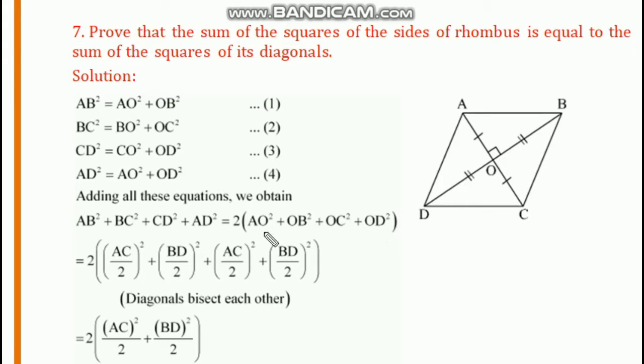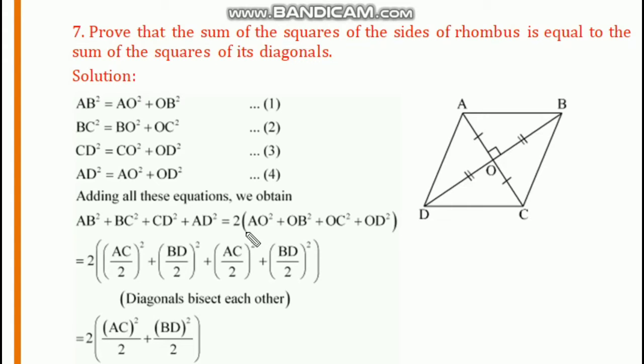AO square: AO is half of AC. Here we need to put the sum of squares of diagonals. So AO square is AC by 2 the whole square.